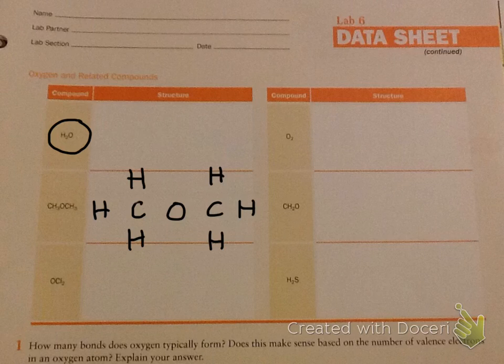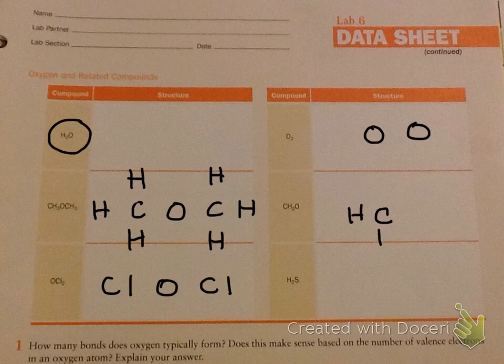In this case, the one carbon will be attached to an oxygen, and then oxygen's kind of in the middle, and then the other carbon's on the other side. Let's see, just 2 oxygens. And here's sulfur in the middle. You probably could have done that.